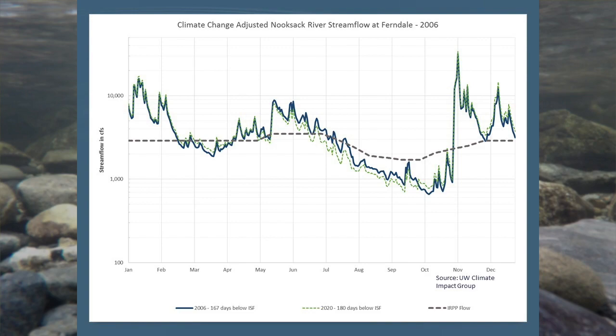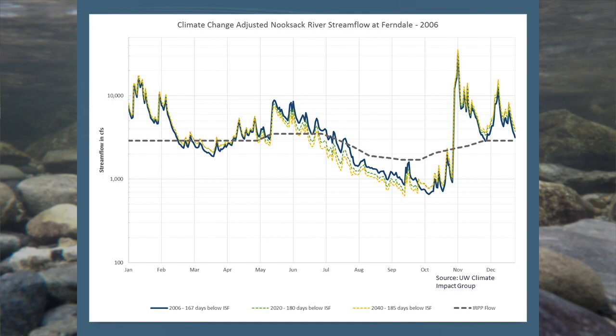So that hydrograph is here in green, and as you can see, your flows are lower and you start to drop below the in-stream flow earlier in the year. And so instead of 167 days, you're up to 180 days below the in-stream flow.